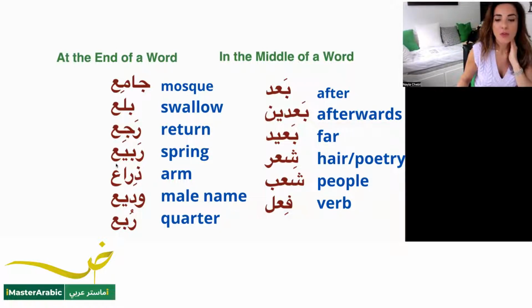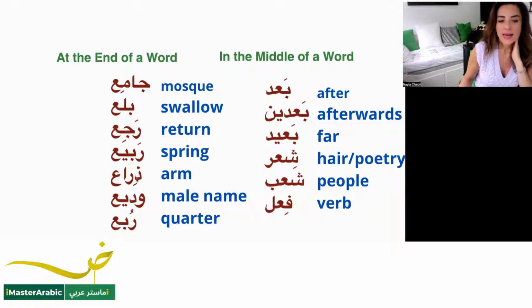See, my mouth is not open for ربيع. You also notice when you say the ayn, you kind of have to pull your stomach in as well. Say it again. ربيع.